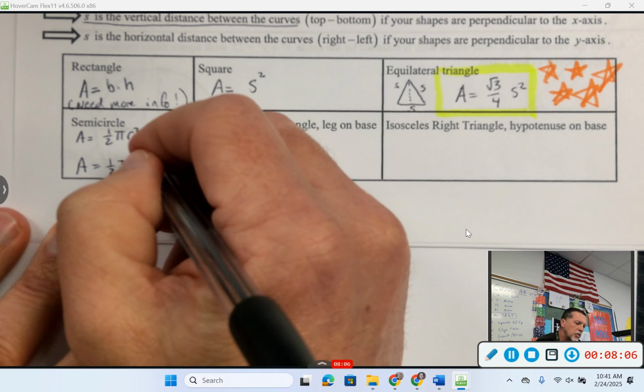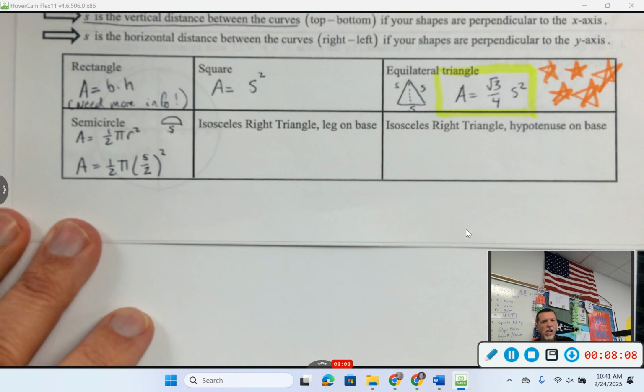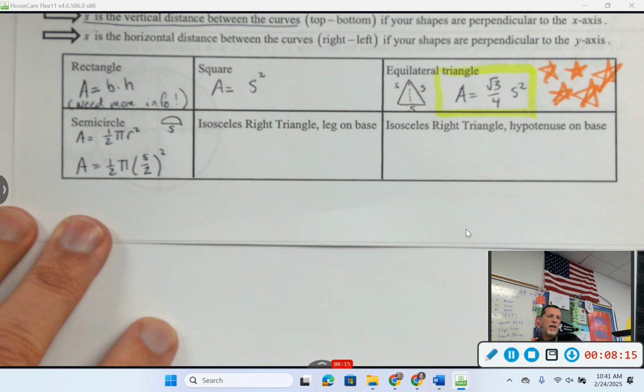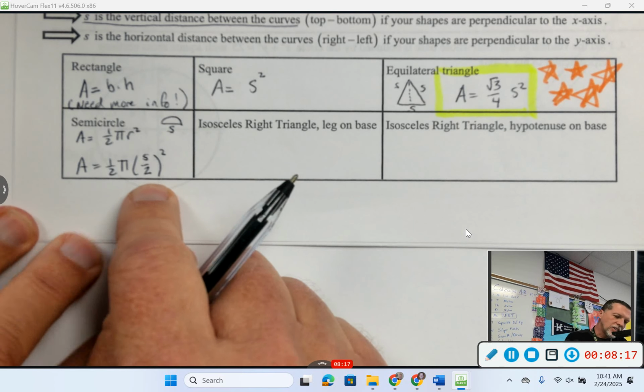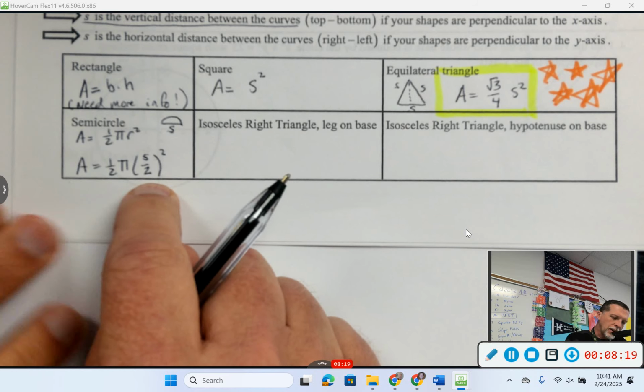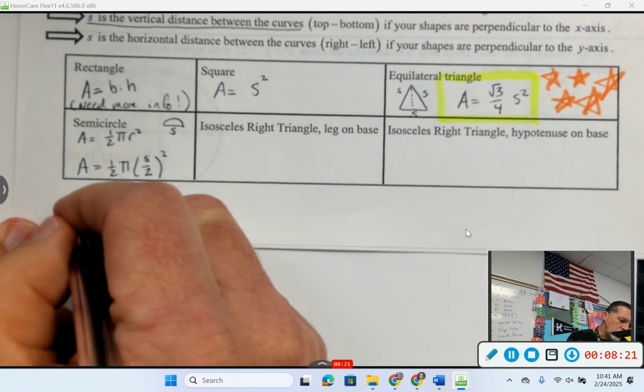Half of the diameter, so s over 2. And then if I square the s over 2, I get a 4 in the bottom. I can combine it with the 2 out front.